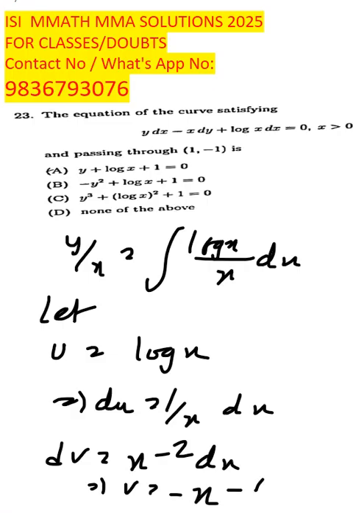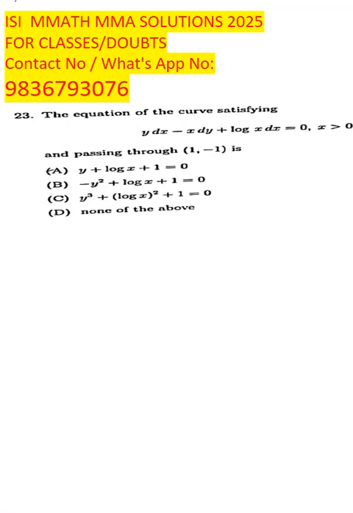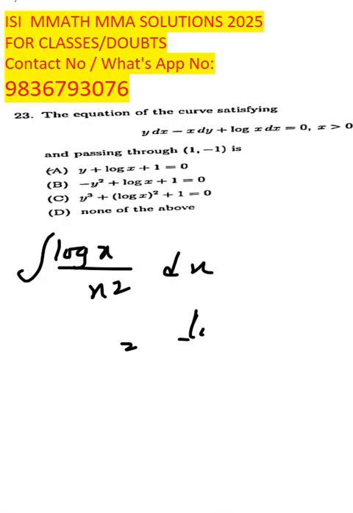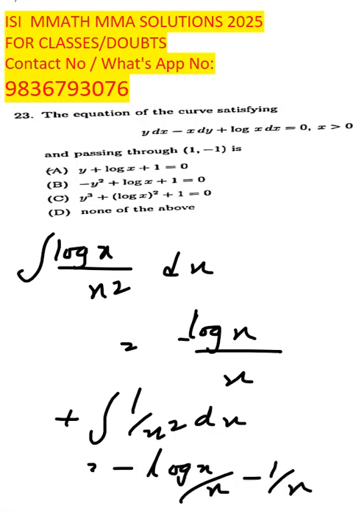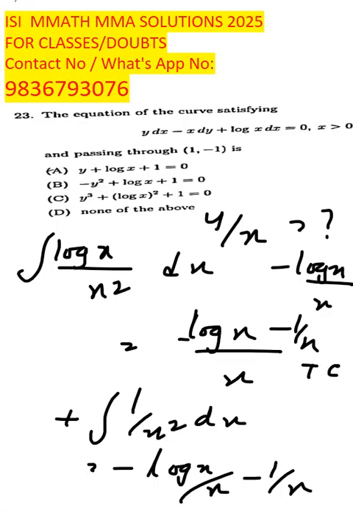So then the integral of log x / x² dx is equal to -log x / x + the integral of 1/x² dx, or -log x / x - 1/x. So y/x will be -log x / x - 1/x + c.